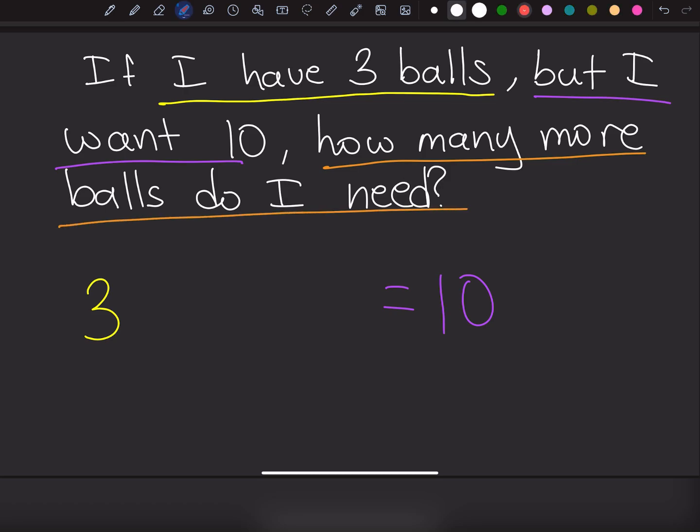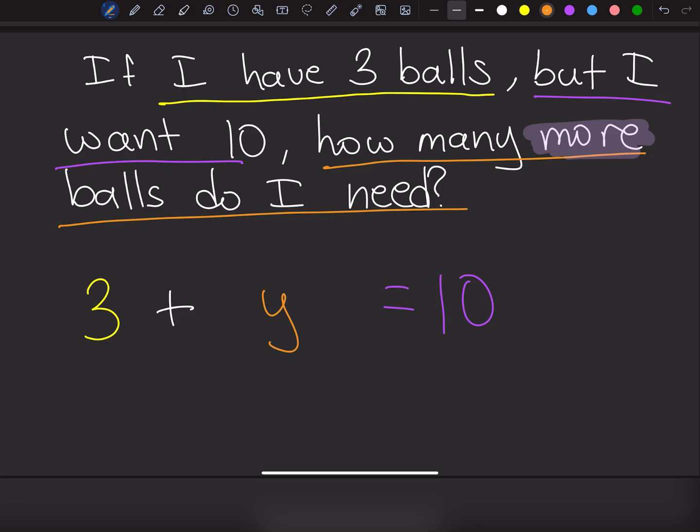I'm going to talk about this in a later video, but for now, to be really quick, this word more is a trigger word that means addition. So, plus, and then the question is, how many balls do I need? Well, we don't know, so we use a variable to take the place of that number. So now we are left with the algebraic equation 3 plus y equals 10.